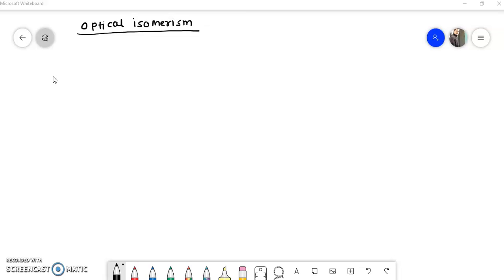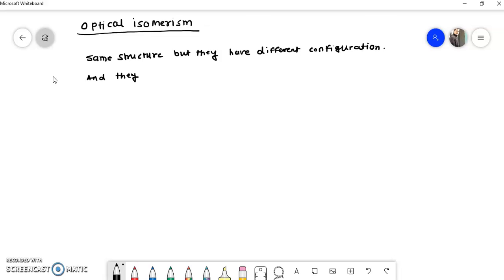Optical isomerism is characterized by compounds having the same structure, but they have different configurations, and they rotate the plane of plane polarized light.